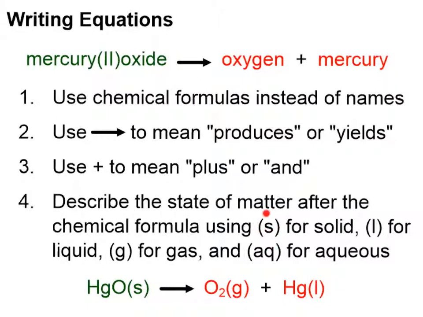We use in parentheses an s to mean solid, a lowercase l in parentheses for a liquid, a lowercase g for a gas, and we use the lowercase aq in parentheses to mean aqueous. That means it is dissolved in water. So here we have the beginning of our chemical equation.